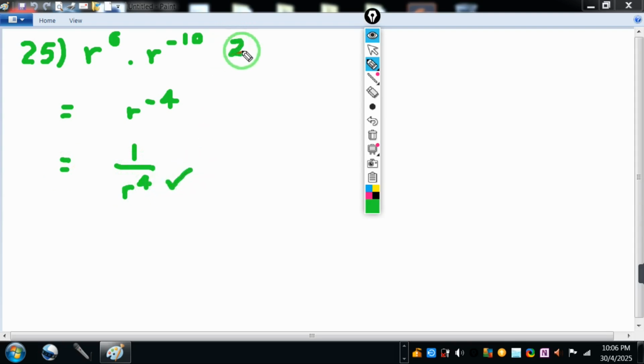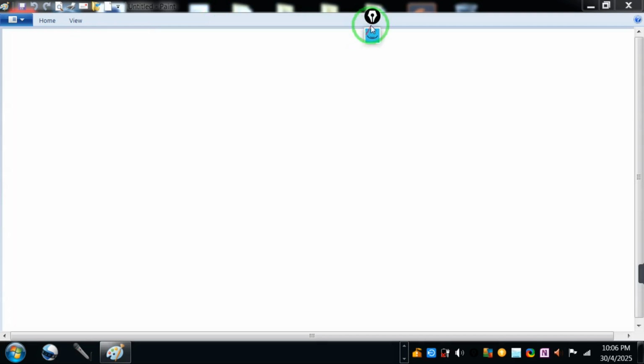Let's do number 26. Definitely we separate it, but using the same left and right. R6 and we have R minus 10. Okay, that's the 10 there.